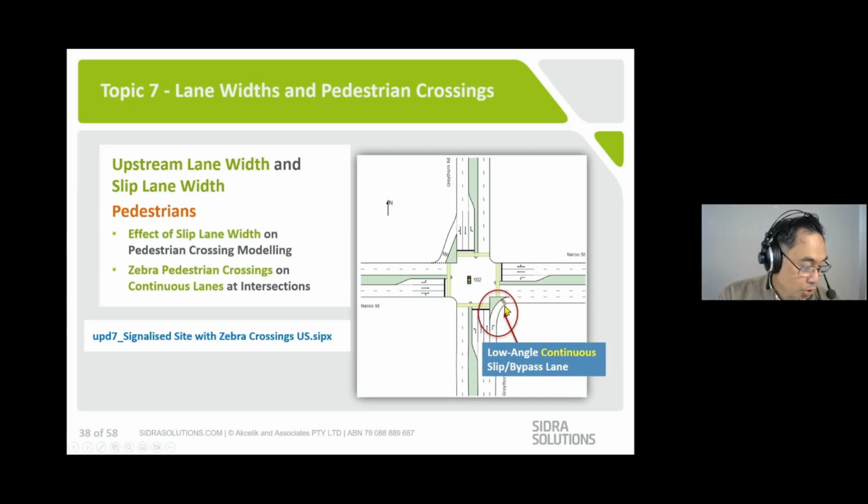So it is not possible to do that in SIDRA 9.1, which would then necessitate a bit of a clumsy workaround to be able to specify a ped crossing in this kind of setup. So we have introduced a number of changes to SIDRA 10, which I'll now show you.